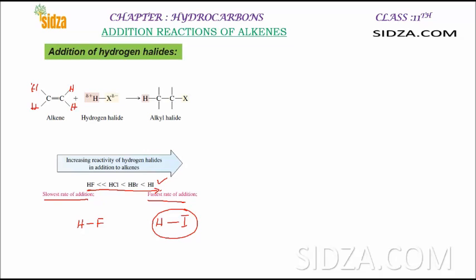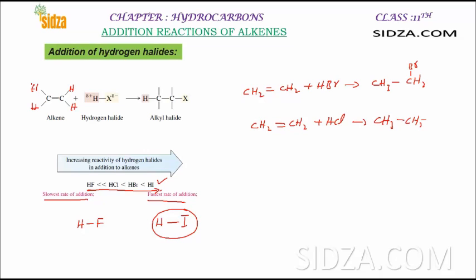So let's take a couple of examples, right? If you take an alkene, CH2=CH2, and we add HBr, the HBr will add across the carbon-carbon double bond. So you get CH3-CH2Br, right? Similarly, if we take the alkene ethene and react it with HCl, again you get CH3CH2Cl, right?